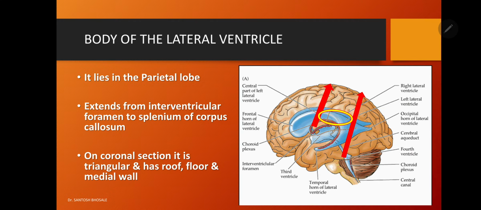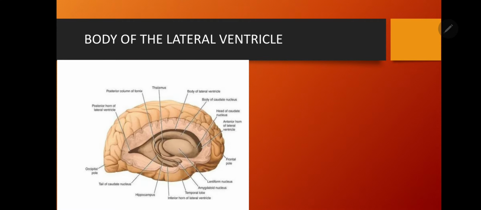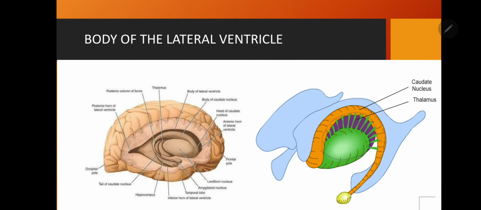The floor is sloping, which you will see in the coronal section. You can see there the body extending from the interventricular foramen of Monro to the splenium of the corpus callosum. This much is the body of the lateral ventricle.